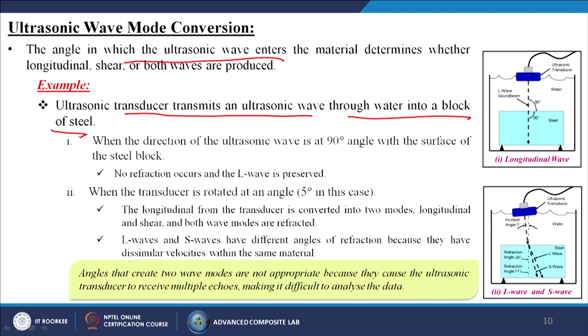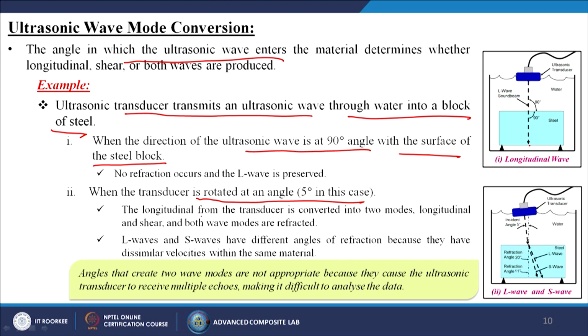When the direction of the ultrasonic wave is at a 90° angle with the surface of the steel block, no reflection occurs and the L wave is preserved. In this case you can see that the longitudinal waves come from the top down to the bottom, then reflect back and come again to the transducer itself, or the detector itself.